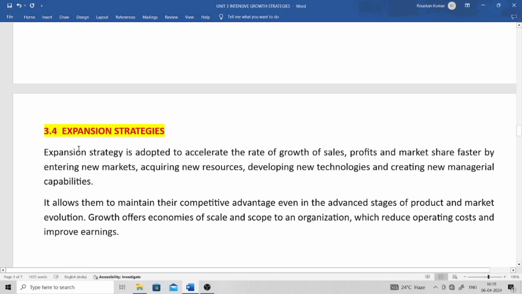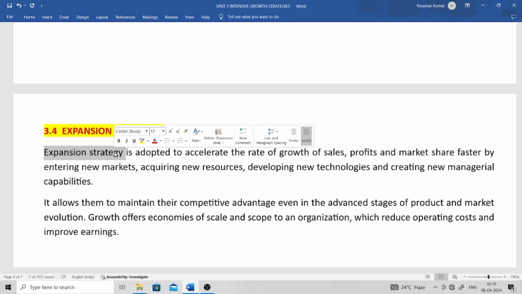So what is this expansion strategy, and how and when is it adopted? As you can see on your screen, what is this expansion strategy? That's what I'm going to talk about first.